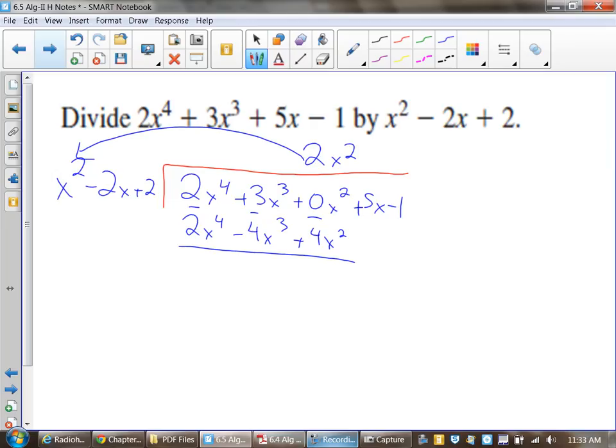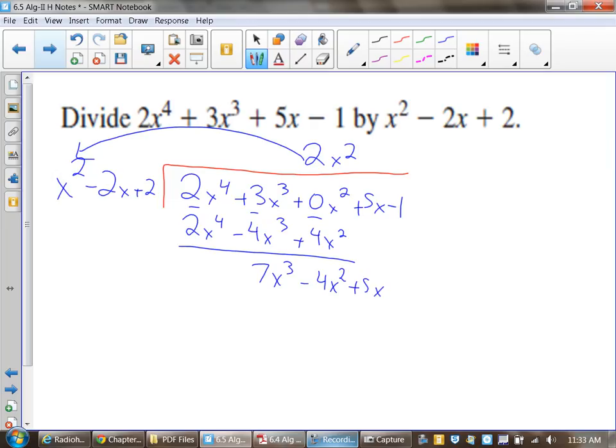And then subtract them. 2x to the 4th goes away. 3 minus negative 4, 7x cubed. 0 minus 4 is negative 4. Drop down the 5.